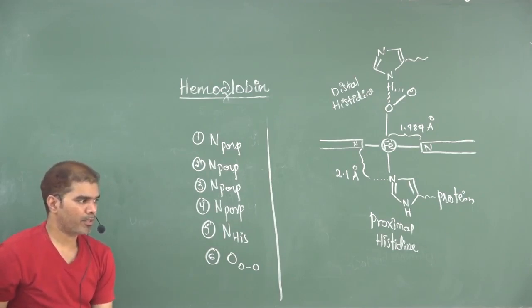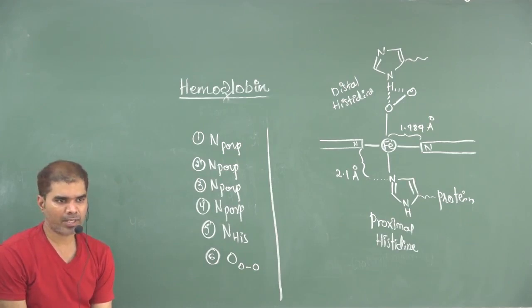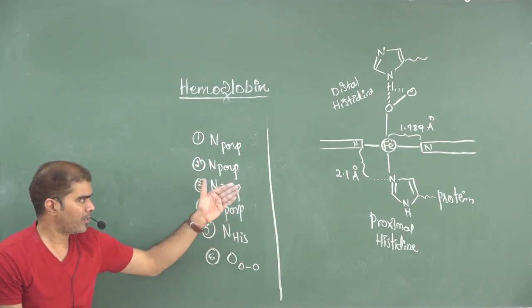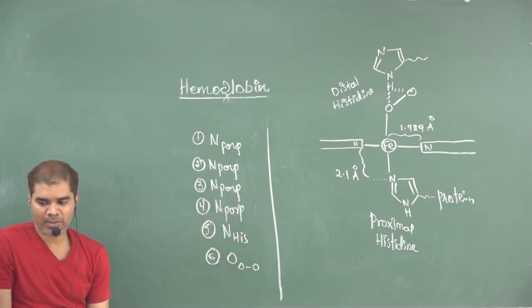Next, 5th coordination site is occupied by nitrogen of imidazole of histidine. Directly histidine also you can write, but further you write down nitrogen of imidazole of histidine.